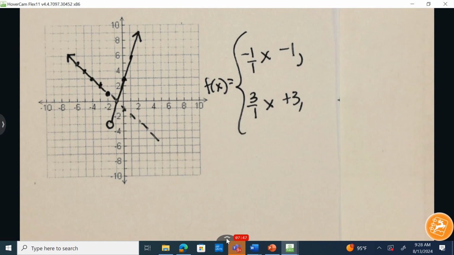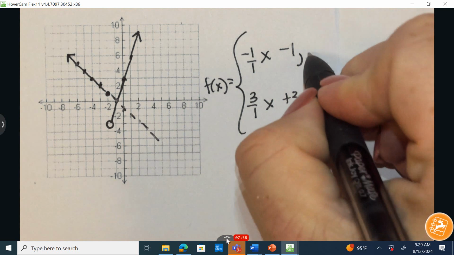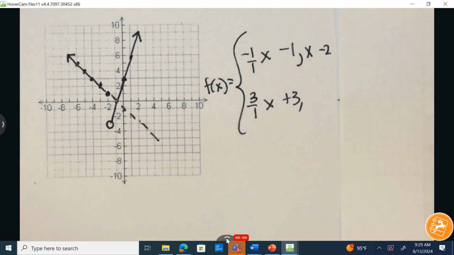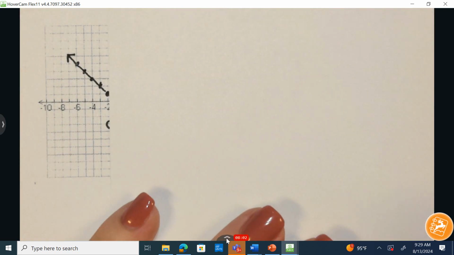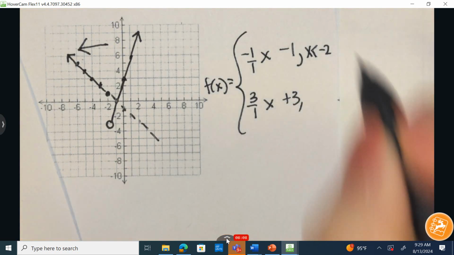Let's now put in those constraints. The first part of this goes into an x value, comes from the left and goes to an x value of negative 2. So I have x and negative 2. Now, from negative 2, this piece of the function occurs to the left. So think of this arrow as an inequality symbol.